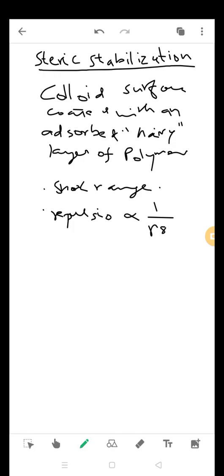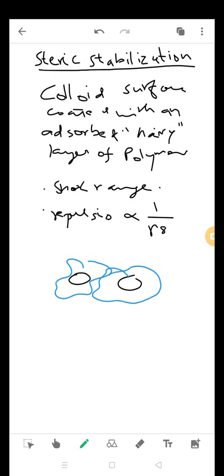So what you have here are two colloidal particles. What we have done is we have coated them with some hairy polymers. Now these hairy polymers will repel each other, and we need to have solvent flowing in, so this will add up to the repulsion.